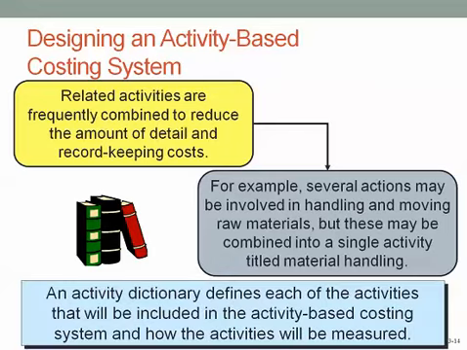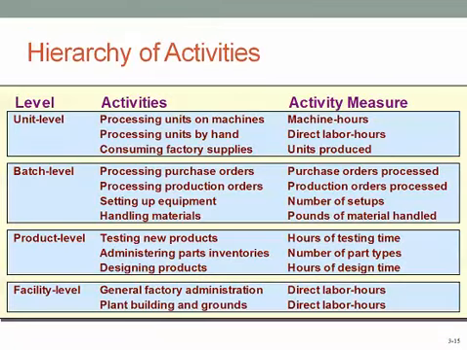And then once we've set up this single cost pool, we'll decide what allocation base we should use to allocate this cost. A common framework for thinking about our cost in an activity-based system is by looking at a hierarchy of activities. We'll identify unit level activities, batch level activities, and product level and facility level activities.